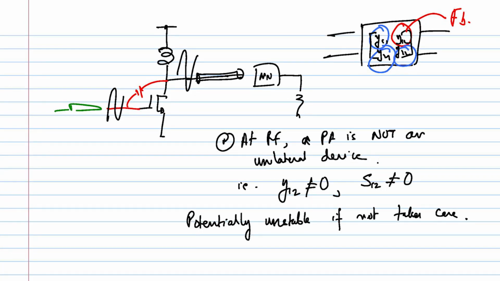Okay, so another issue with PAs is that when you talk about efficiency in a PA, that 50% or 78% efficiency we calculated was under the assumption that you have maximum possible swing all the time, right? But in principle you do not have maximum possible swing all the time because the signal amplitude also varies, right?